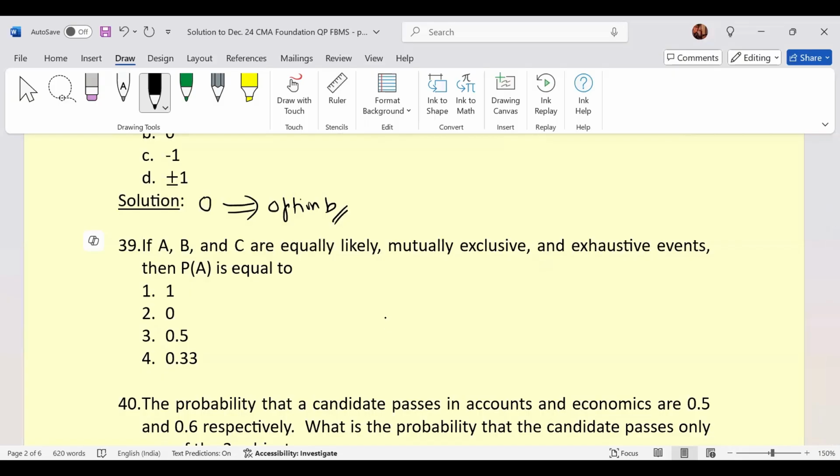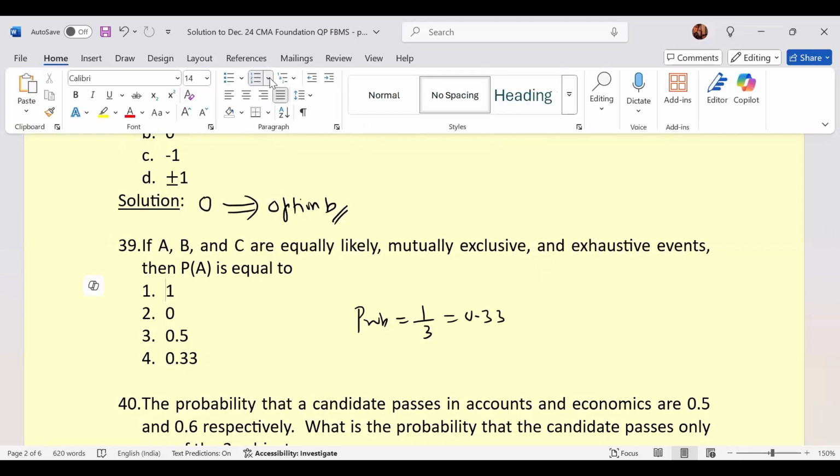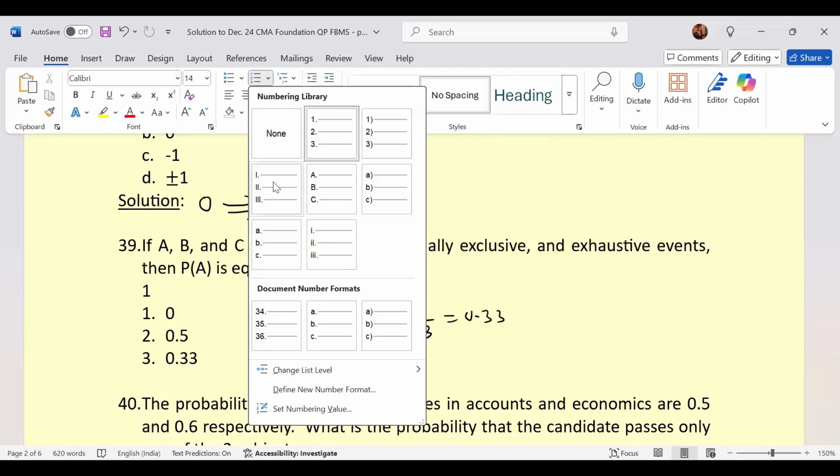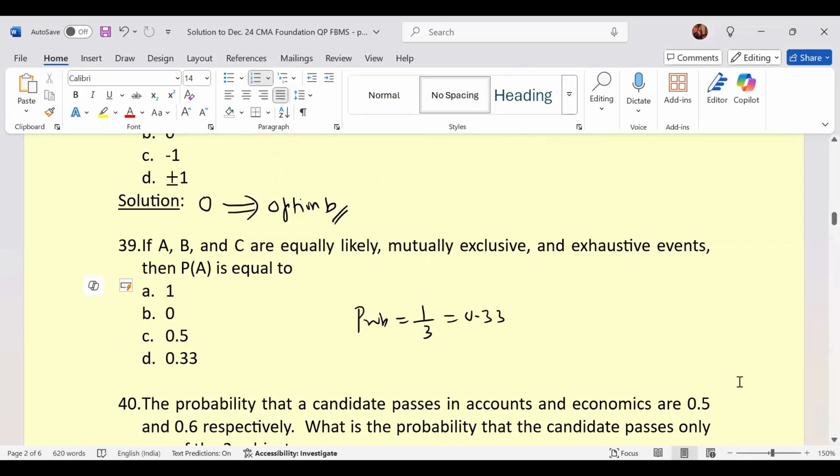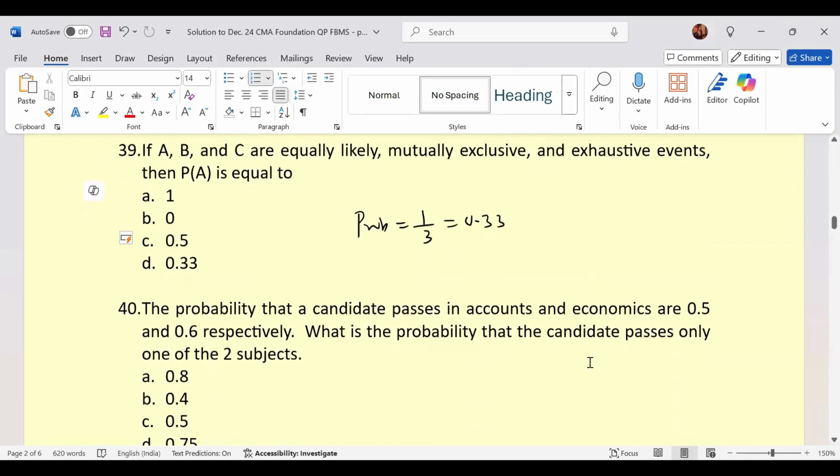Therefore, the required probability is 1 by 3. 1 by 3 is nothing but 0.33, which means option D is the right option.